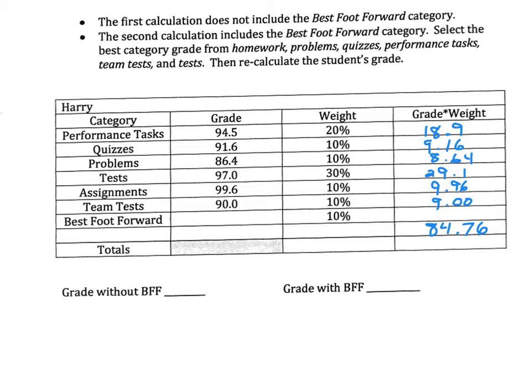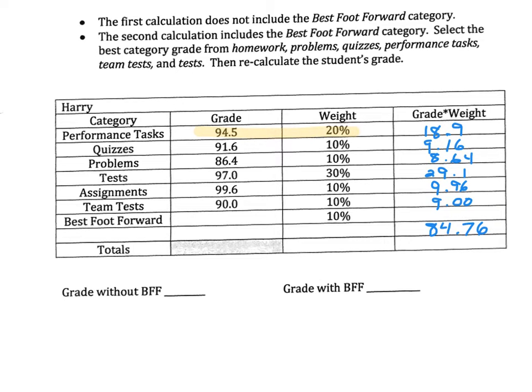Now if we had that other 10%, we would add them all up and divide by 1 because we have 100% of the grades. If we only had, for example, the performance task category with any grade in it, and let's say the only grade was that 94.5 on the performance task. This one right here.